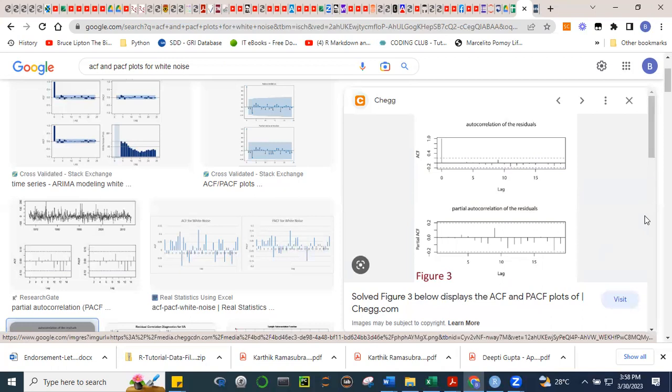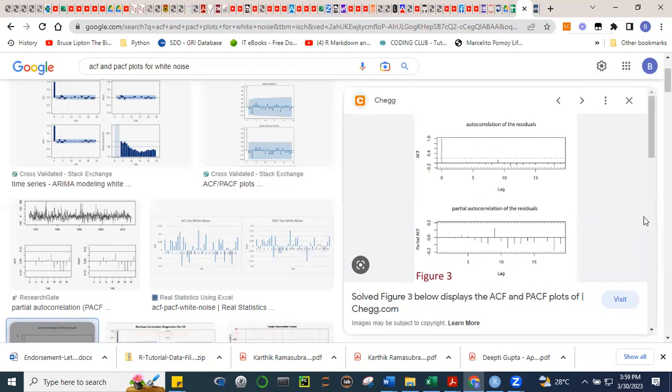Remember, pag nag-model tayo, meron tayong actual value ng time series natin, and then meron din tayong predicted value, di ba? You'll get the difference between the predicted value and the actual value, and you'll have your residuals. And then when you create the ACF and the PACF of your residuals, ibig sabihin nito, wala na tayong mapipiga sa residuals natin. Okay na yung model natin.